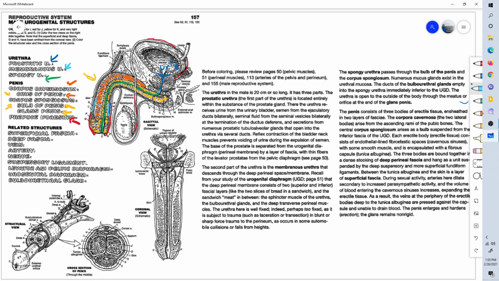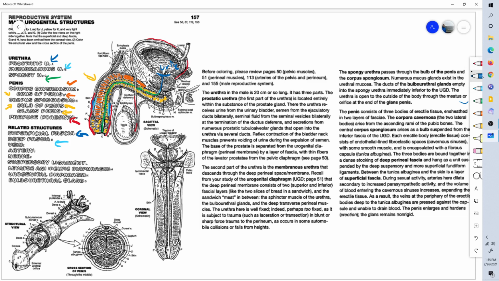Deep fascia and superficial fascia, and then of course the skin on the outside. Lying within the superficial and deep fascia are veins and arteries, as described below here.